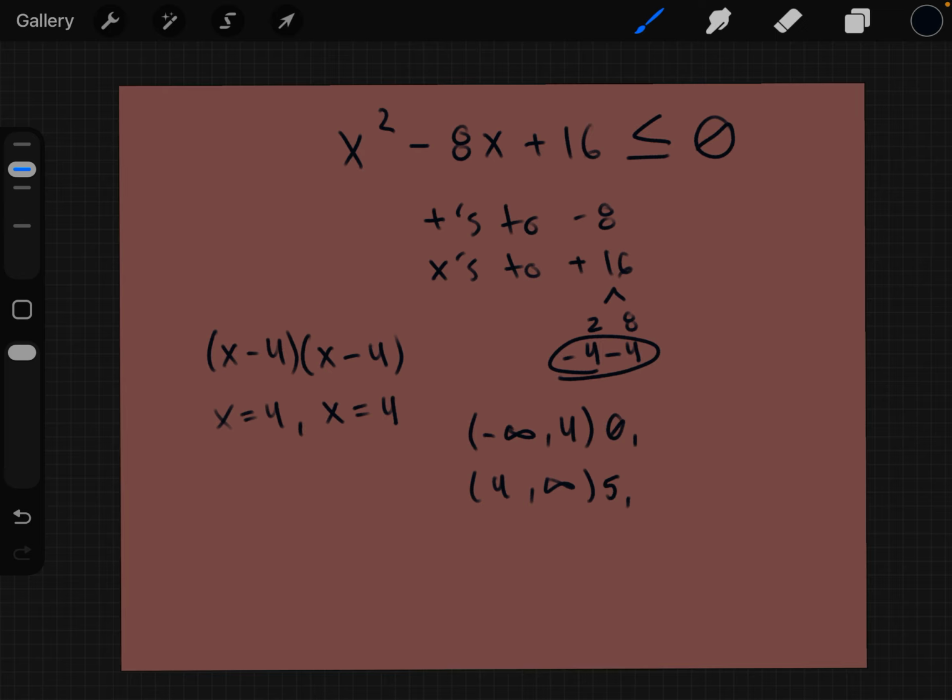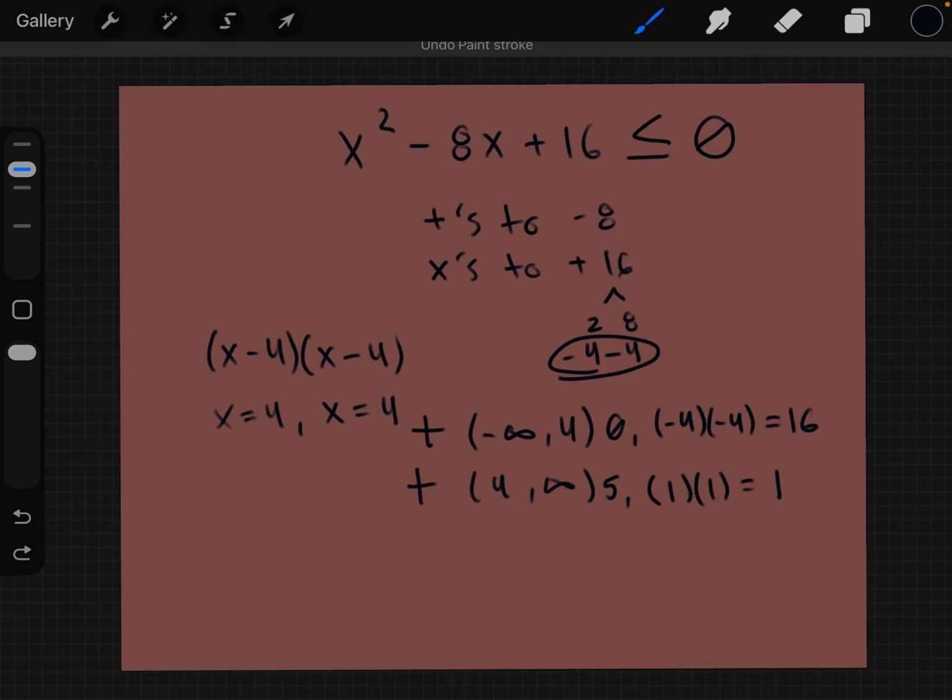Zero minus 4. It's positive. It's also positive. So what do we do when we're looking for less than or equal to and there's no less than values? Well, the answer is then just this. So it would look like this. Okay?